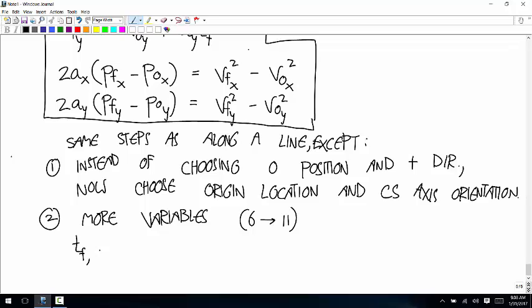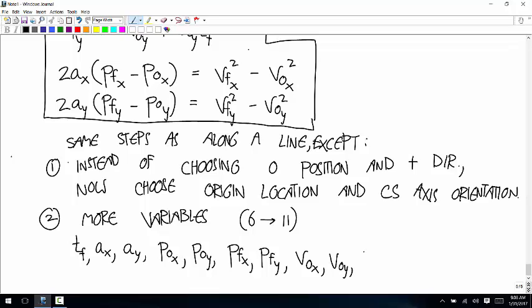Time final, both components of acceleration, both components of P0, both components of P final, both components of V0, and both components of V final. 1, 2, 3, 4, 5, 6, 7, 8, 9, 10, 11.